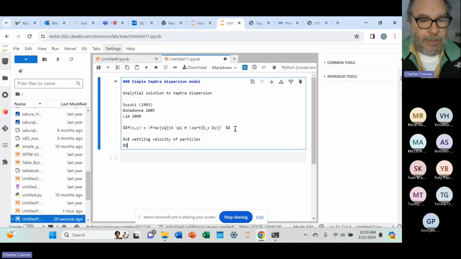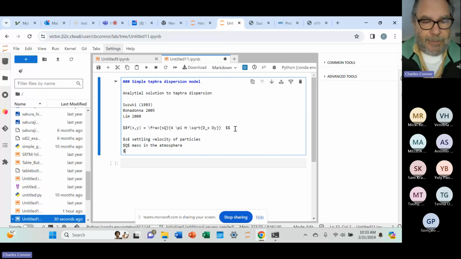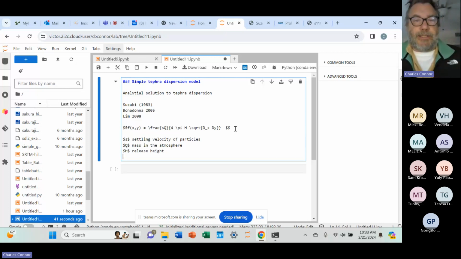Q is the mass in the atmosphere. That's the amount released in the column itself, the amount of tephra. H is the release height. Made it a capital H for some reason. That's where the particle is in the plume when it's released.